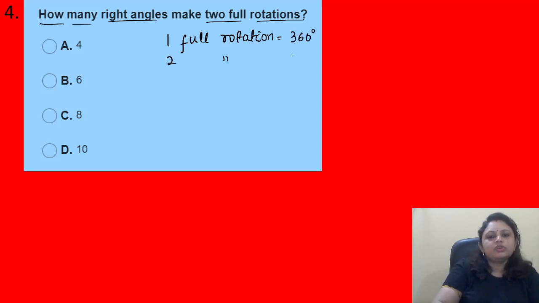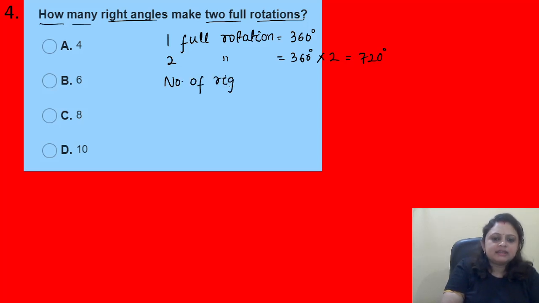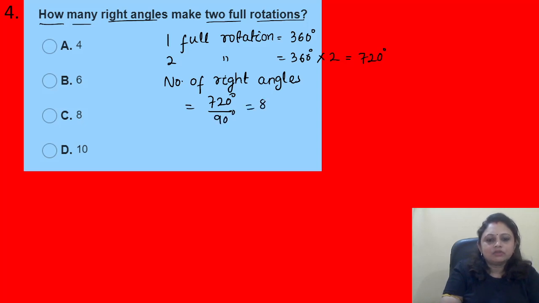So 2 full rotations will be 360 degree into 2, that is equal to 720 degree. How many right angles are there? The number of right angles present in 720 degree will be 720 degree divided by 90 degree, that is equal to 8. So the correct answer is option C, that is 8, right?